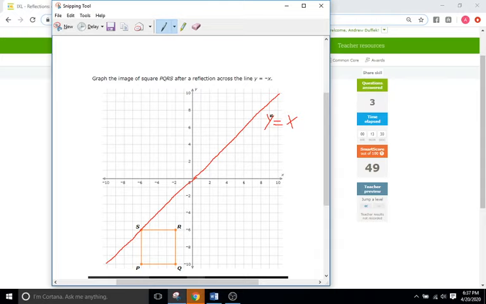If we plug in 1 for y and 1 for x, our coordinate is going to be 1, 1. If we plug 2 in for y and 2 in for x, our coordinate is going to be 2, 2, 3 and 3, 4 and 4, 5 and 5, and so on and so forth, right? Same thing for -1 down here, -2, -2, -3, etc. So that's how we can graph the line.